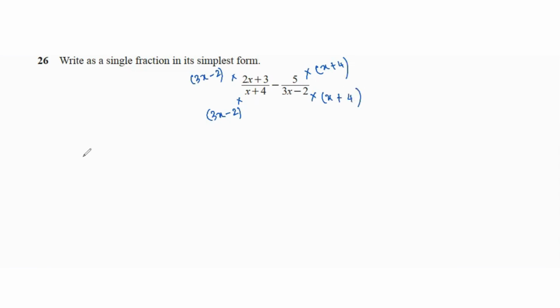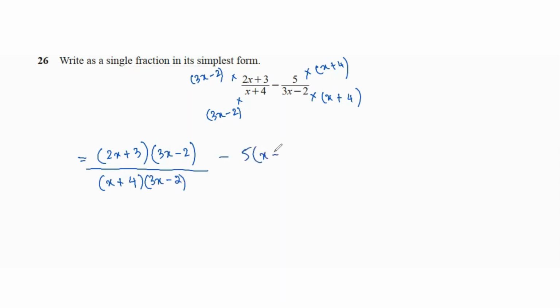So that's going to give us 2x plus 3 times 3x minus 2 divided by x plus 4 times 3x minus 2, minus 5 times x plus 4 over 3x minus 2 times x plus 4.